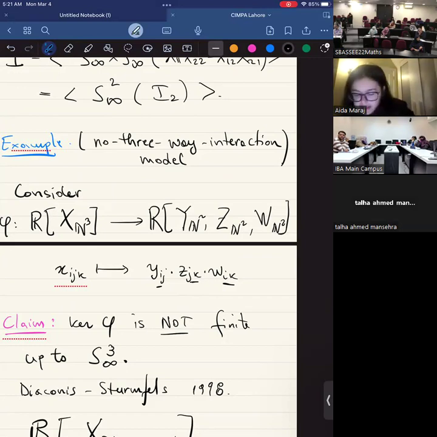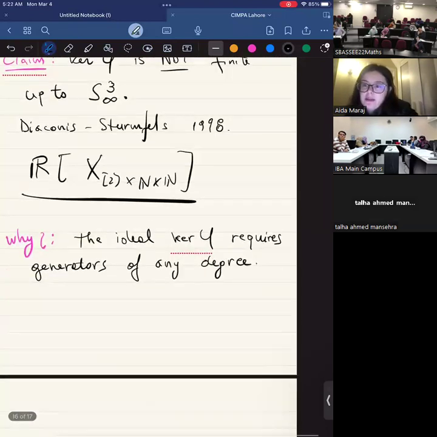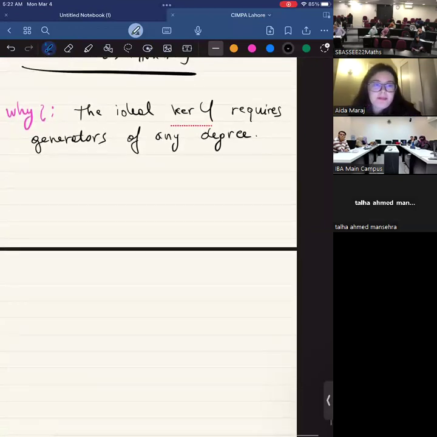If you increase these values, what is the ideal? And you will see that the new ideal that you get with larger indices will require generators of higher and higher degree every time. So that means that there is no way you can have a stabilization phenomenon happening.